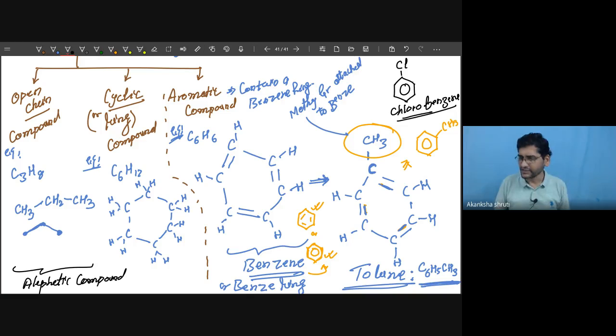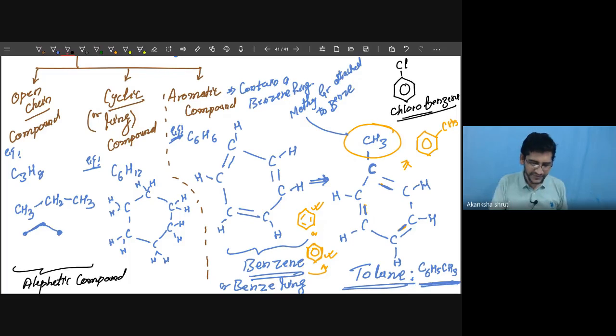Aliphatic will mostly not be asked in your examination, or is rarely asked, but while you go through different notes of different coaching institutes, you may come across this too. That's why I have told you: if the compound is not aromatic, it falls in the category of aliphatic. Aliphatic includes open chain or cyclic chain.